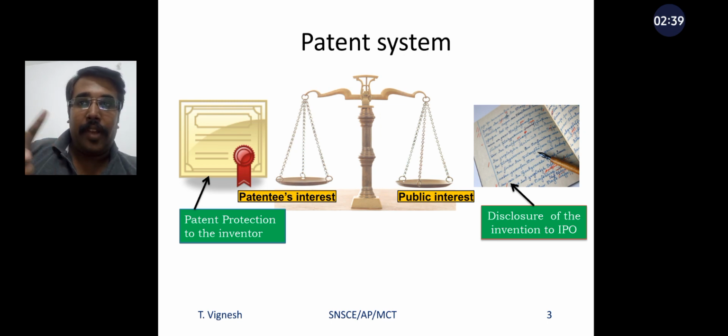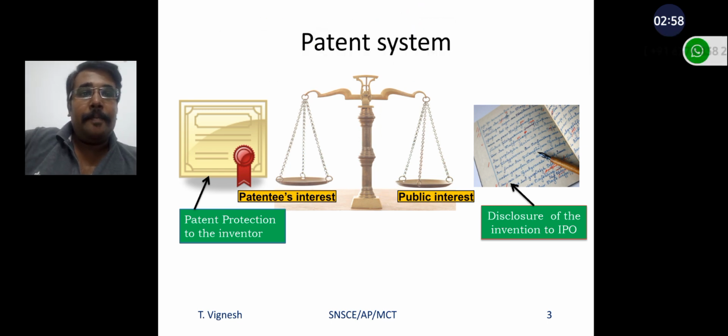If a patent is filed in the US, we cannot claim that. They are territorial rights, as we discussed earlier, and the protection is granted for a limited period; generally we can hold a patent for 20 years. After that, it comes to public disclosure, so the public interest will be served.